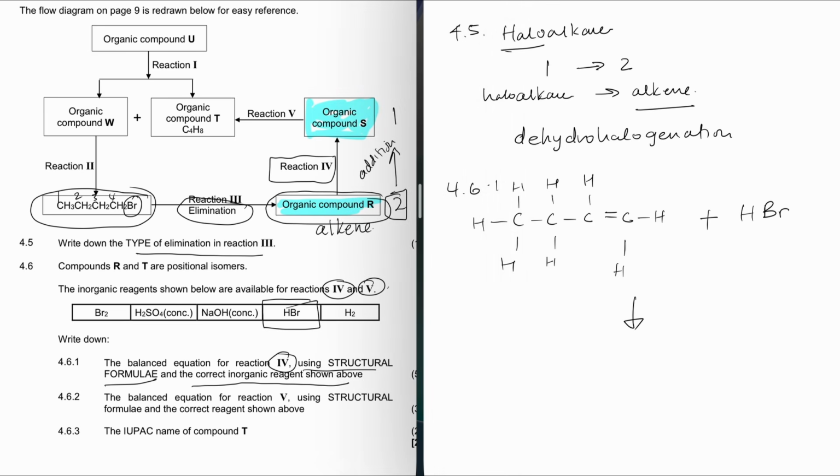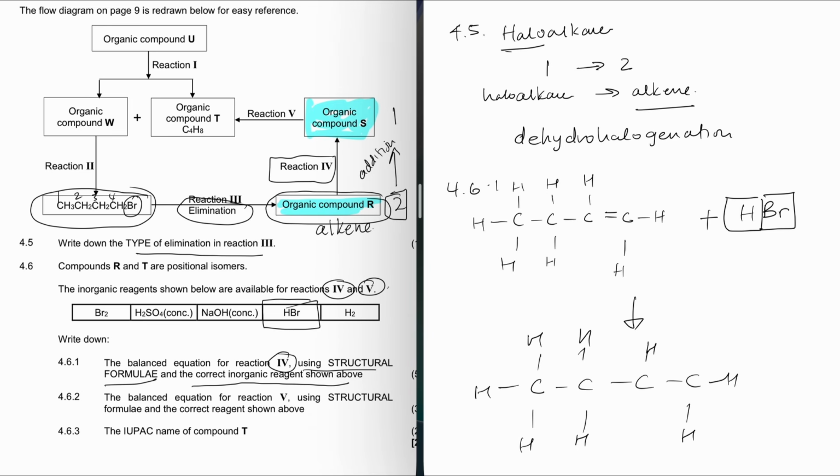Now when we're looking at our products, we're going to still have a 4-carbon parent chain. So here's the hydrogens, 1, 2, 3, 4, 5, 6, 7, 8. But now, because we are doing an addition reaction, we're going to add in a hydrogen and a bromine.